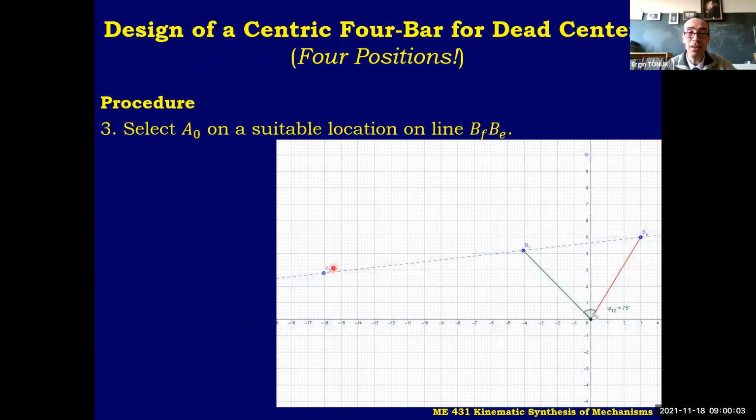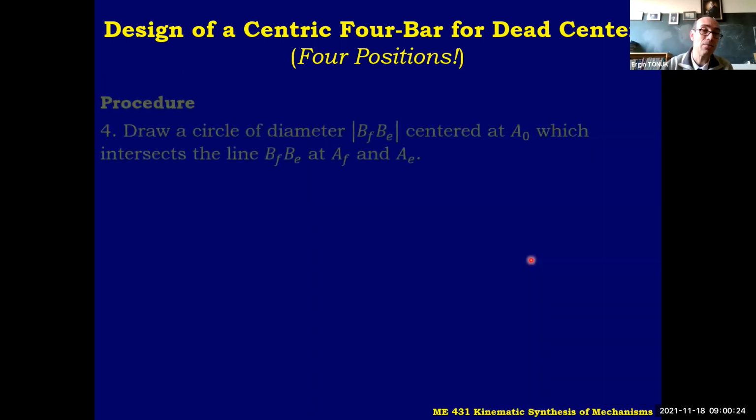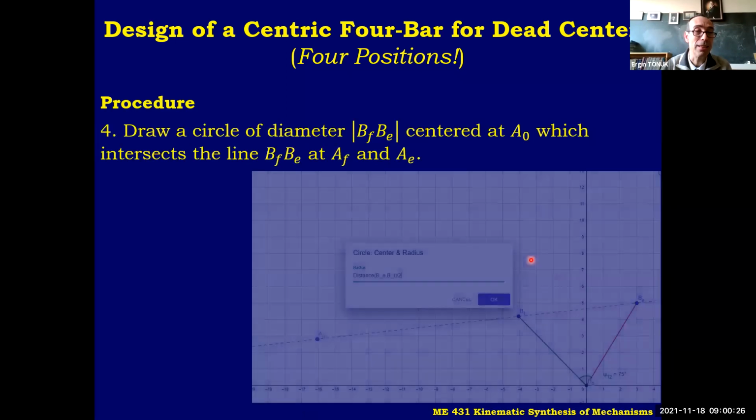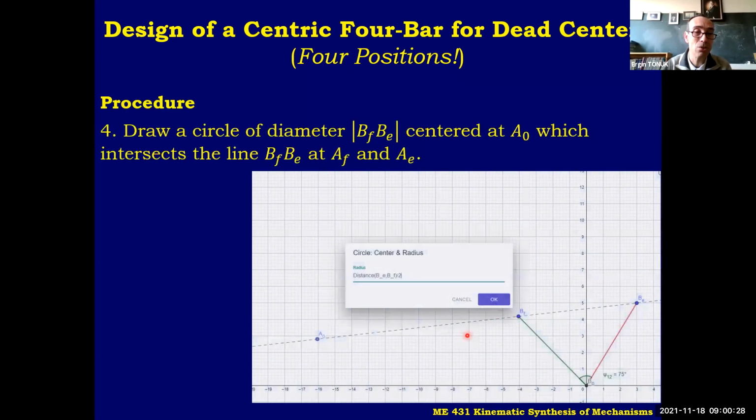And then I'm going to draw a circle whose diameter is this distance. And I'm going to show you a little trick on GeoGebra. Of course, if you're using CAD software like NX or SolidWorks, you could do similar tricks, okay? So this is the trick in drawing that circle.